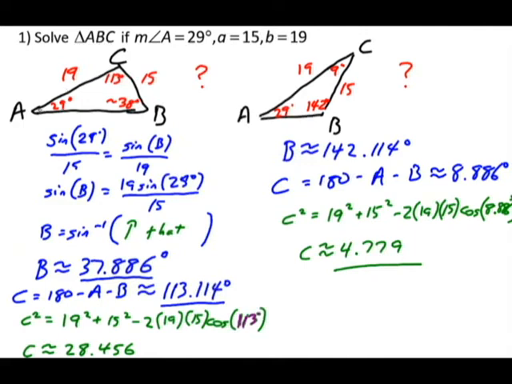So, quick recap. We drew 2 sketches. One where B was acute, one where it was obtuse. We found the acute case using inverse sine. We took the original B, subtracted from 180, to get the starting value for the second case.